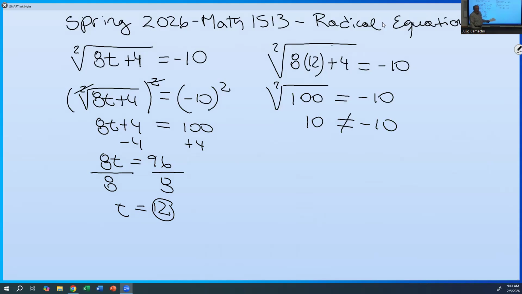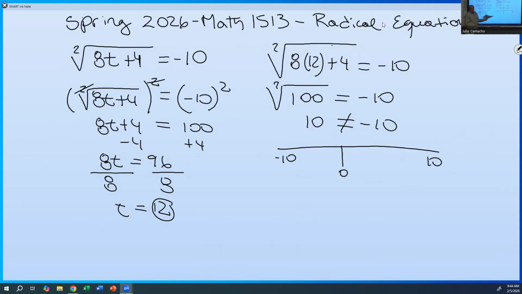You agree with that? Anybody understand why 10 is not equal to negative 10? There are two different numbers. Because if you have your number line, and that is your 0, your negative 10 is here, and your 10 is here. It's two different numbers.